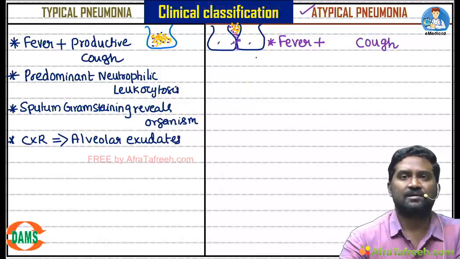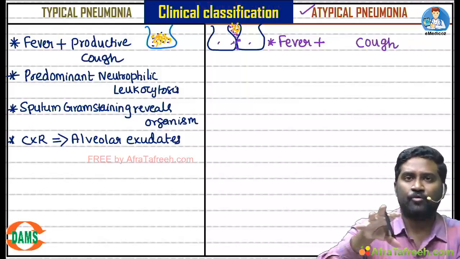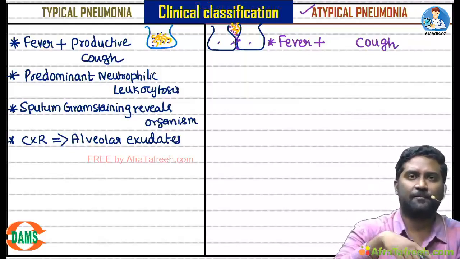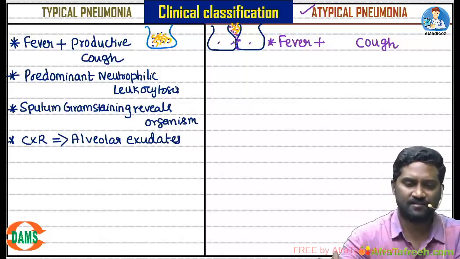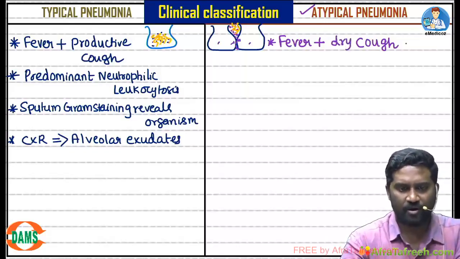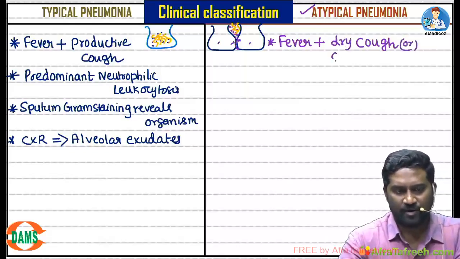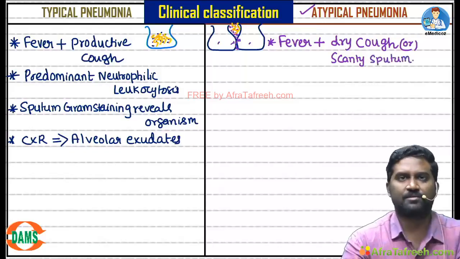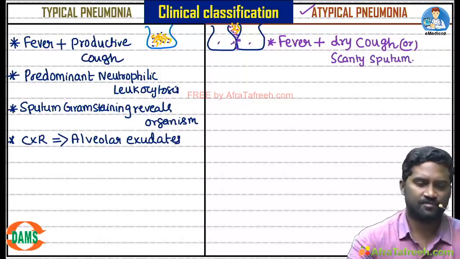In atypical pneumonia, there are no secretions in the alveoli, because the inflammation is not happening in the alveoli, it is happening in the interstitium. So the patient will have dry cough, or some organisms may be present, only few. In those cases there can be very scanty sputum.